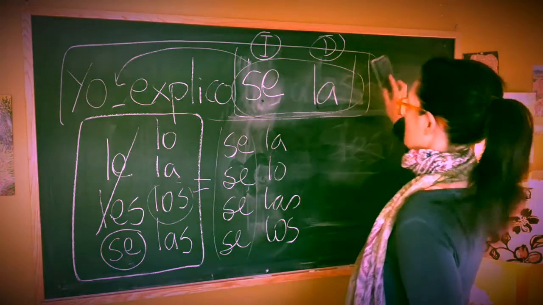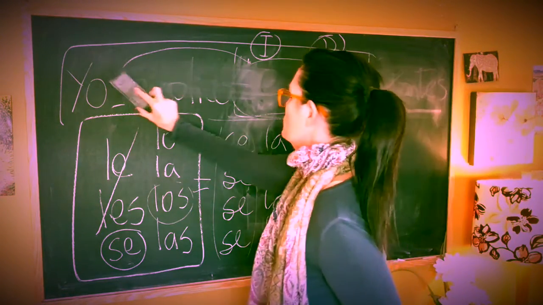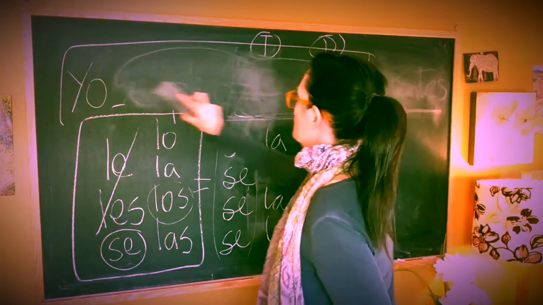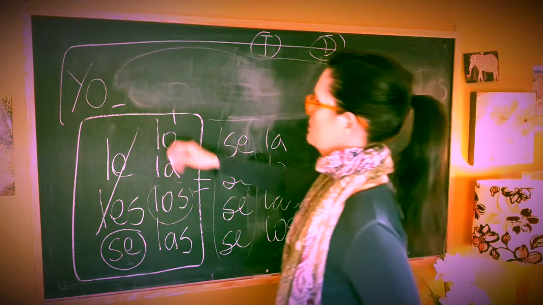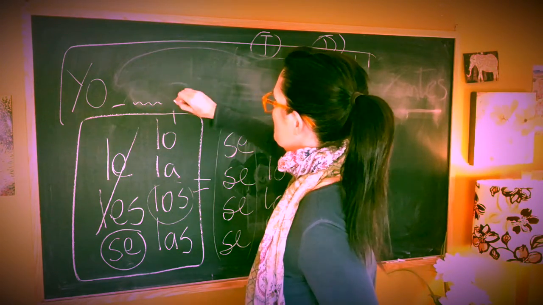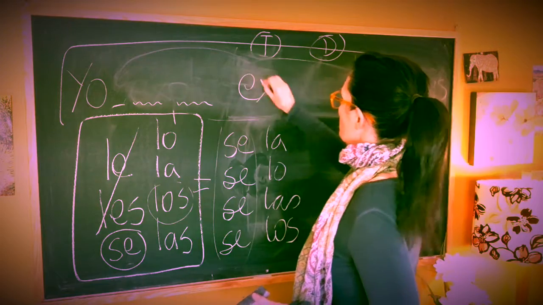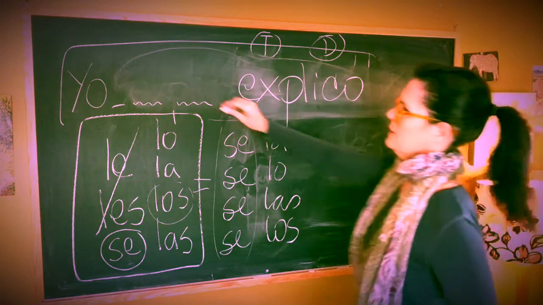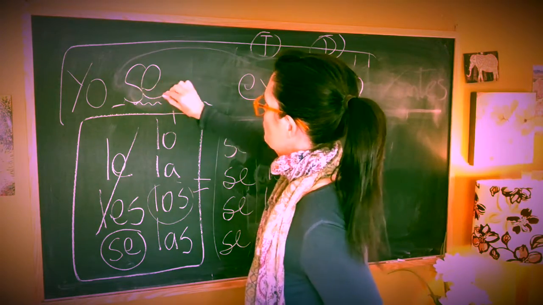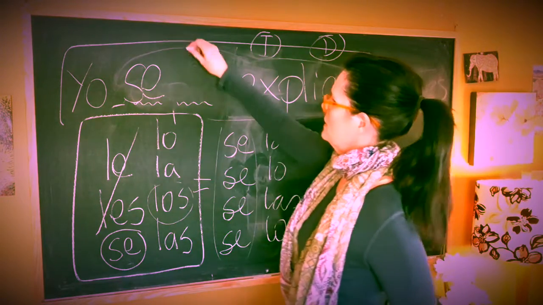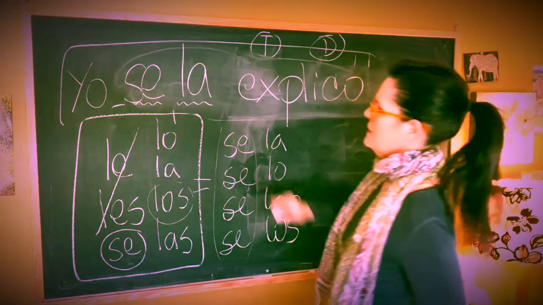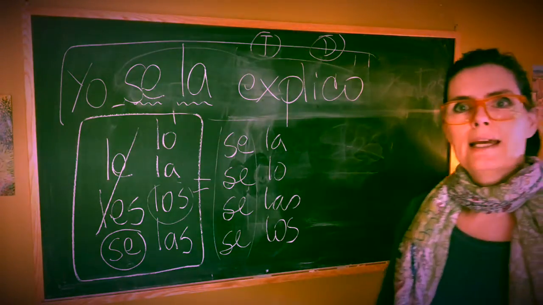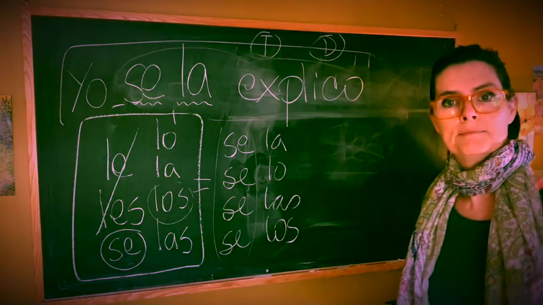So we're going to do the same thing now, okay? I'm going to erase really quickly. That's why I said dot, dot, dot. So here you have, and then explico, right? So those two things that we learned here, la because it's the lesson, yo se la explico.